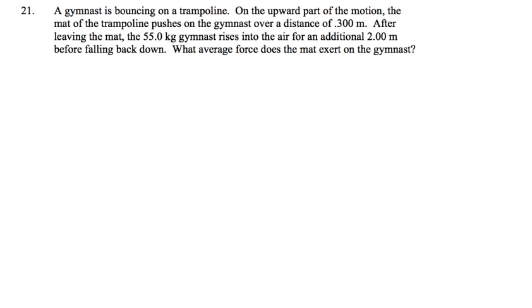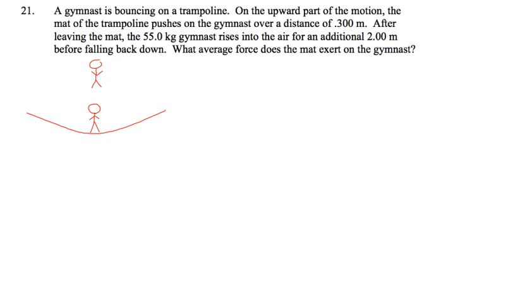If I make a picture here, here is the trampoline when it's stretched, and here's the person when they're down there, and then later on they're going to be up there. So there's the person on the trampoline.